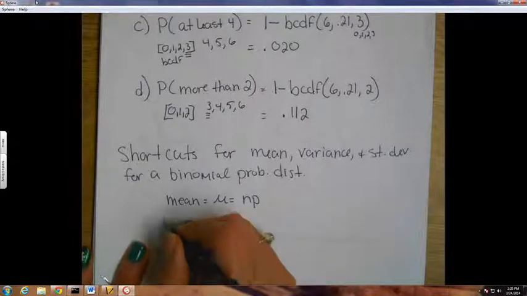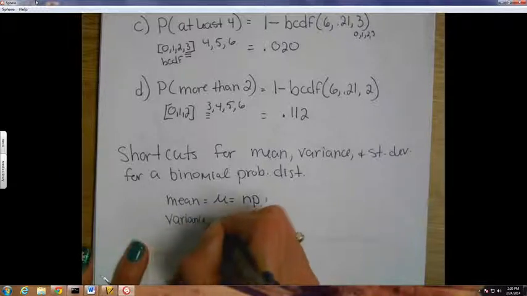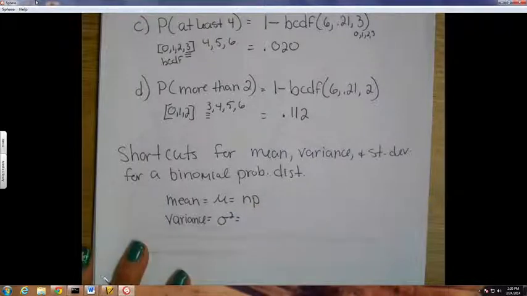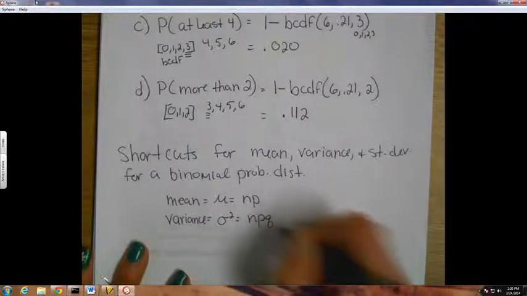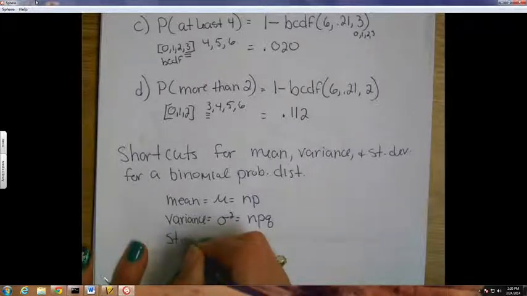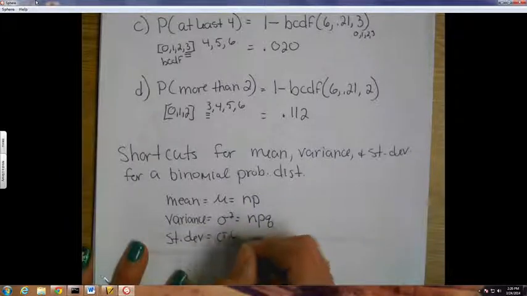The variance, which is our sigma squared, is just n times p times q. And the standard deviation, you should be able to tell me, what's the relationship between these 2 things? Square root of n times p times q.